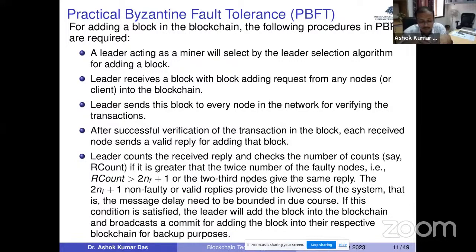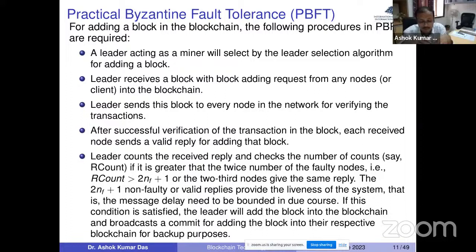So meaning that if 2/3 of the nodes in the P2P network give the same reply, that okay, valid block, then only the leader node will confirm that this block needs to be added in the blockchain.